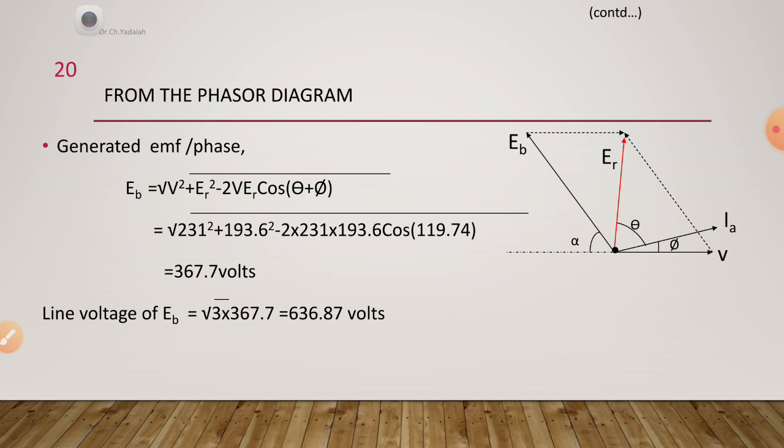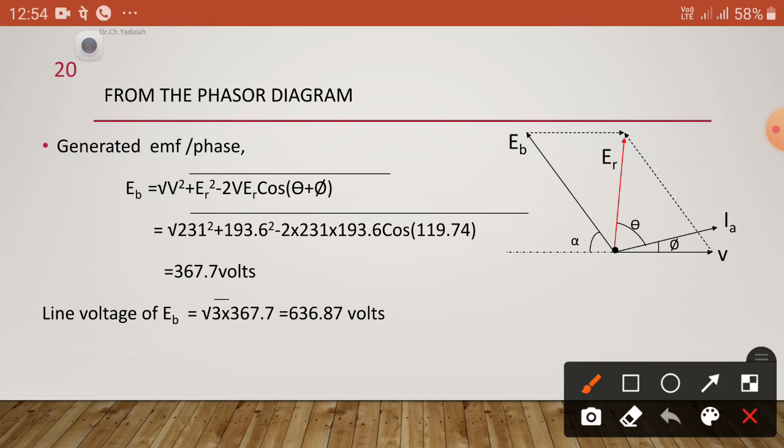So whatever the data is given, simply write the formula. From the formula we substituted the given value, converted into phase values. Then we are going to get this value. Suppose I want sin alpha. What is the formula generally?